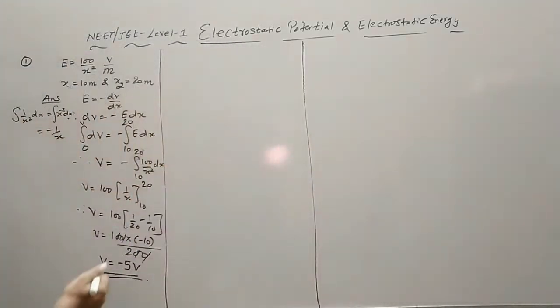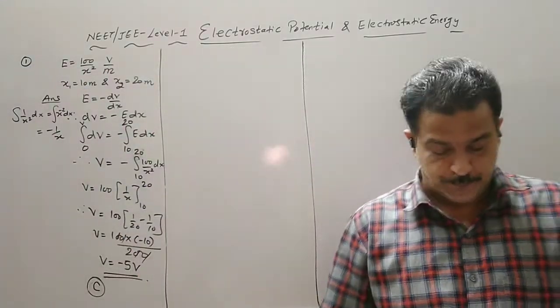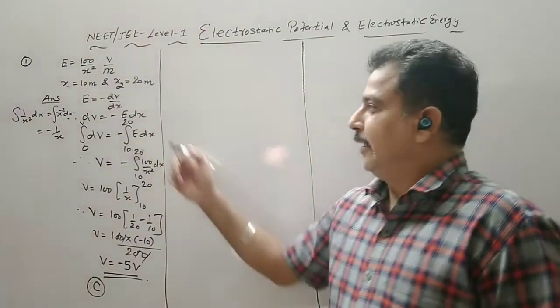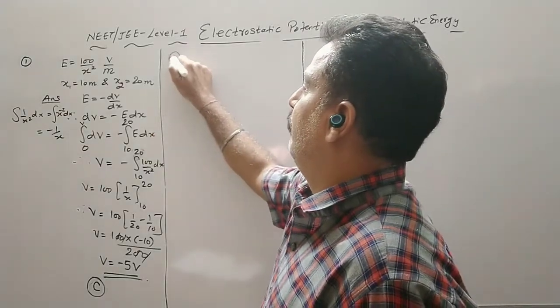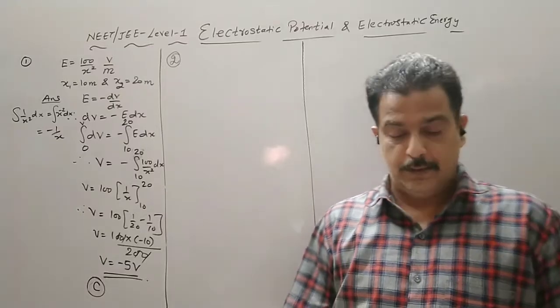So the magnitude can be written as 5 volt, and we go with the option of 5 volt. We assume that the magnitude is being asked and it should be 5 volt. So that is a direct application of the electric field intensity in terms of the potential difference.